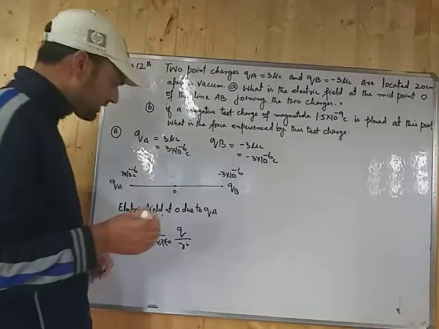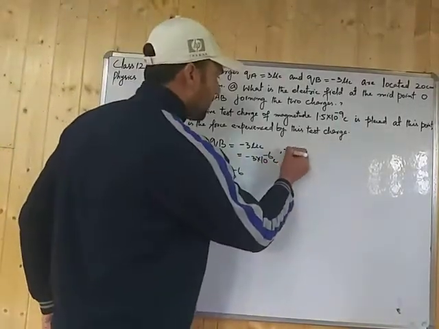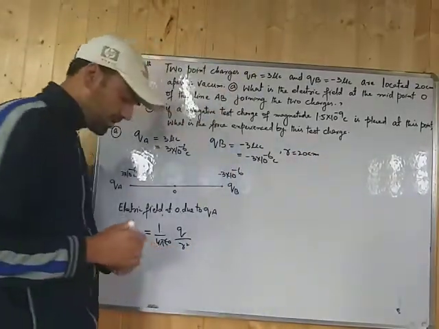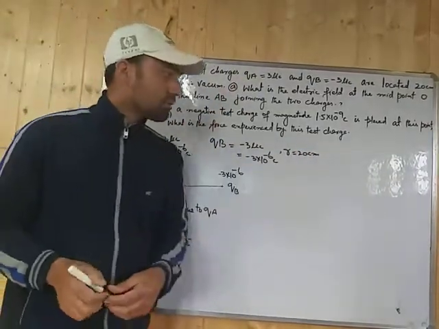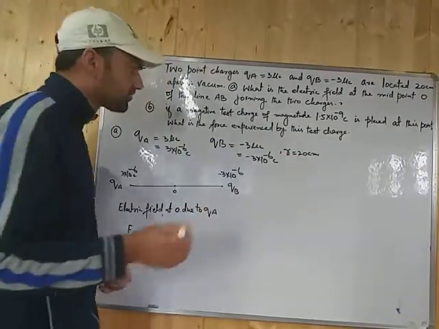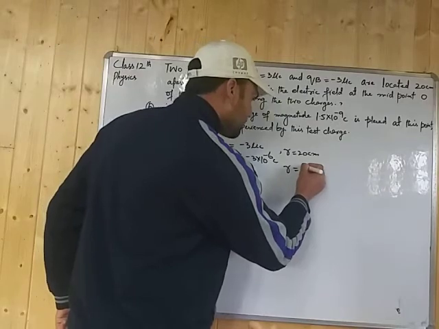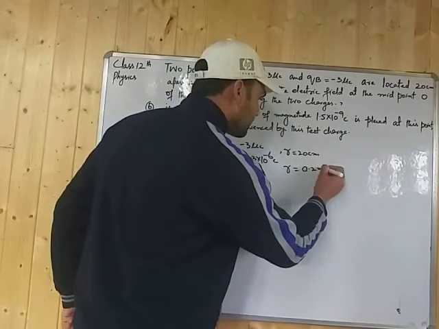Now here we will see what R is. R is equal to 20 centimeters. It is in the CGS system, so we have to change it into the SI system. We can write R equal to 0.2 meters.